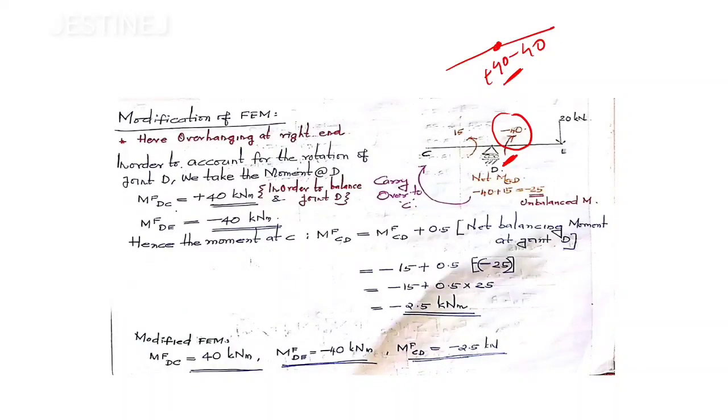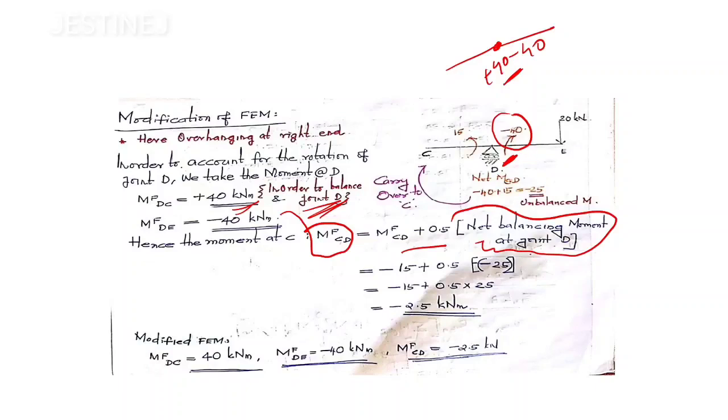So the M of DC value is plus 40 to balance joint D. In order to balance that joint, the M of CD value will change. The modified fixed end moment of CD is given by the general equation M of CD plus 0.5 multiplied by the net balancing moment at joint D, or M of CD minus 0.5 multiplied by the unbalanced moment at joint D. You can use either equation.